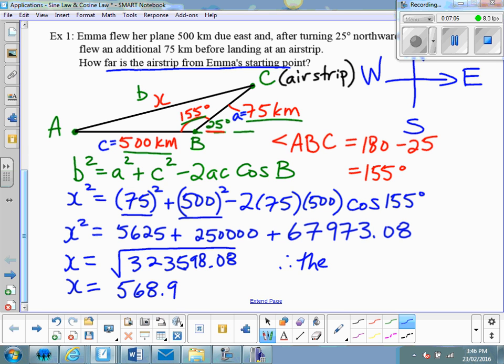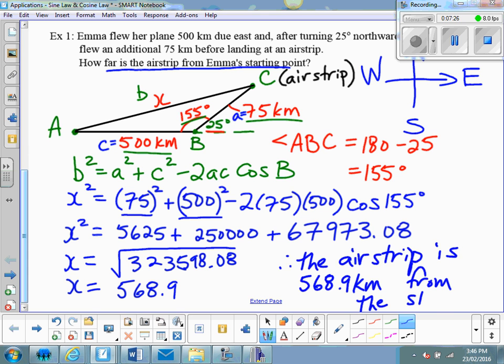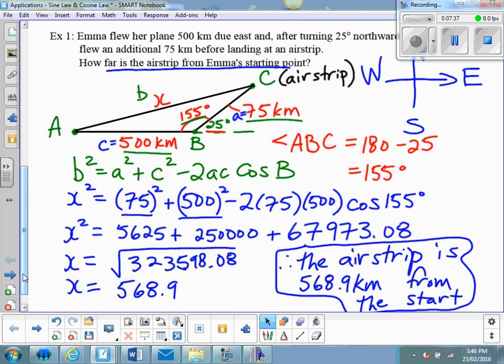Therefore, the airstrip is 568.9 kilometers from the start. Okay, so your statement at the end can be direct, just answering the question that was asked, and that's what the answer looks like for that.